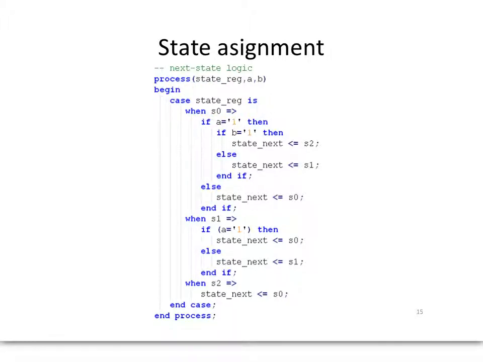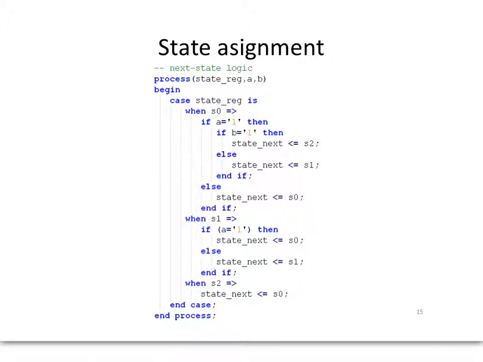Therefore, we have a case statement up here that looks at the state register, and depending on whether the state register is in state S0 or state S1 or state S2, it would evaluate different inputs to determine the value of the next state.